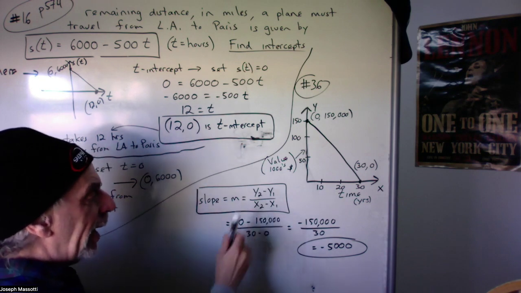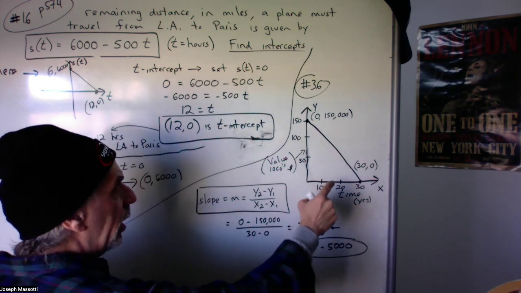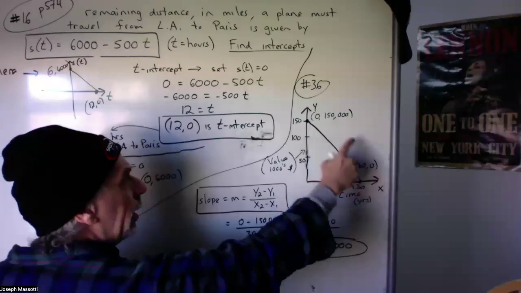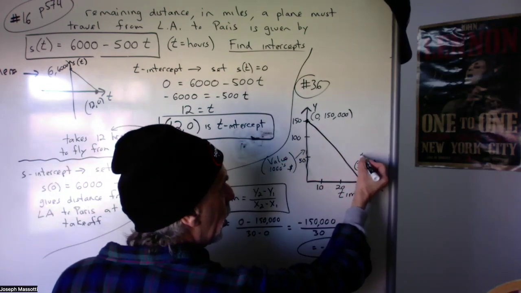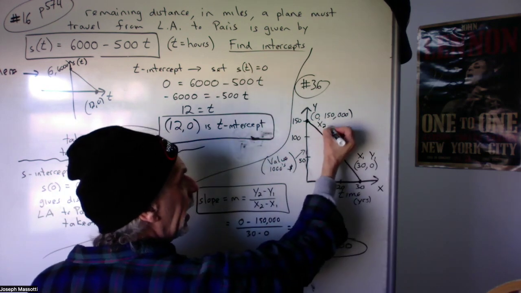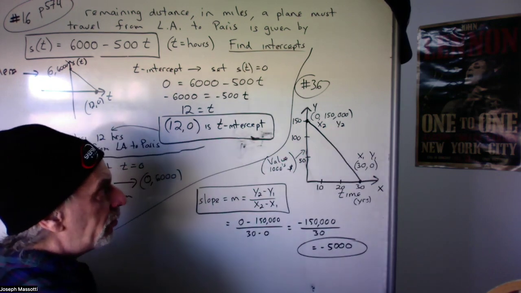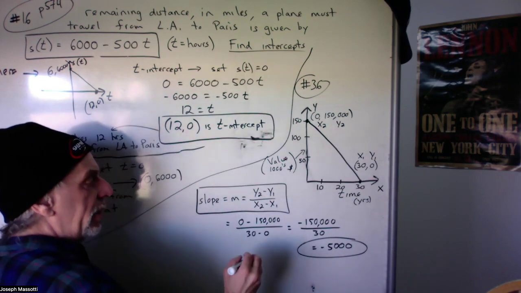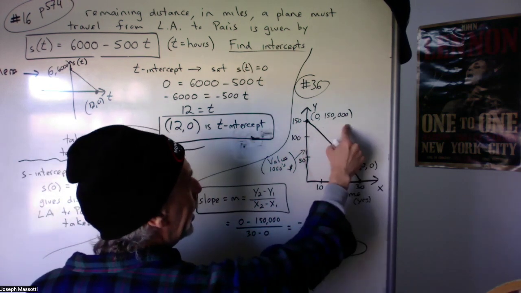So if we follow that procedure, we'll call this point x1, y1, and this point x2, y2. Just to be clear, actually, it is the other way around, right? Sorry, the way I have it written.